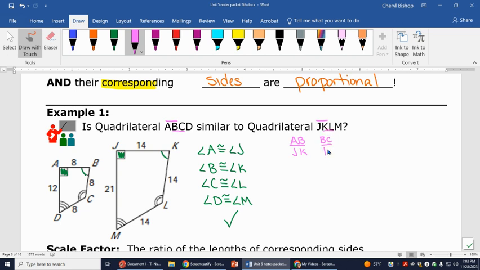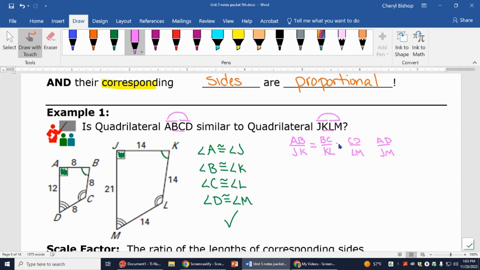KL. And then my last two letters, CD, should correspond to LM. That's only 3 out of 4 sides. To find your fourth sides, look at the outside letters. AD is going to correspond to JM.